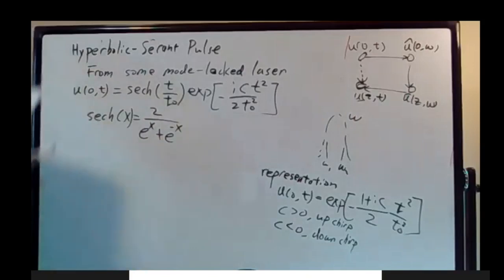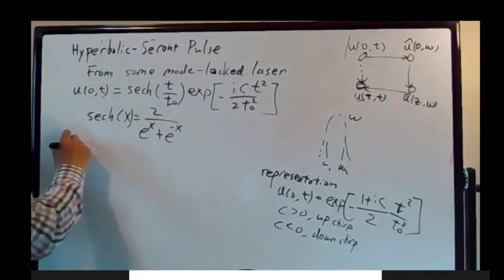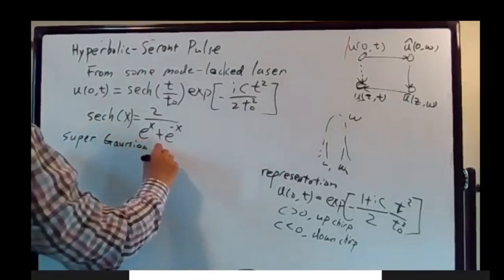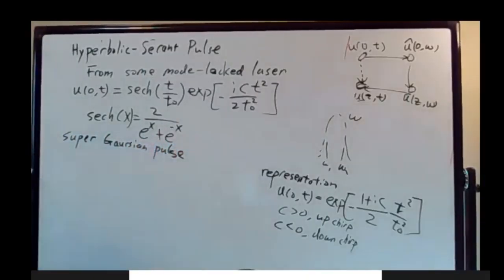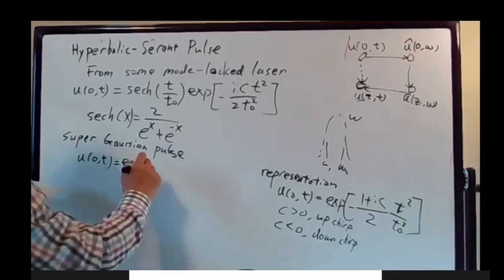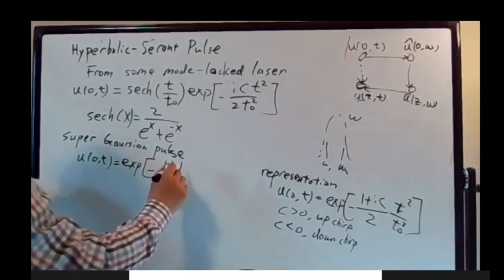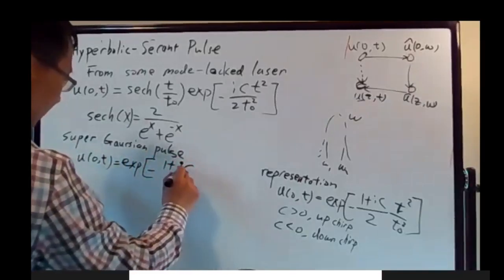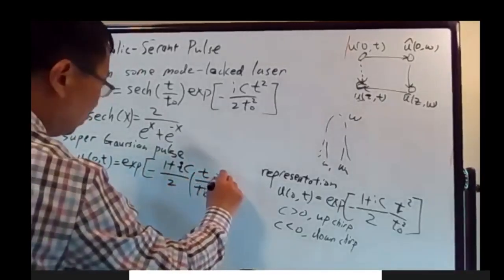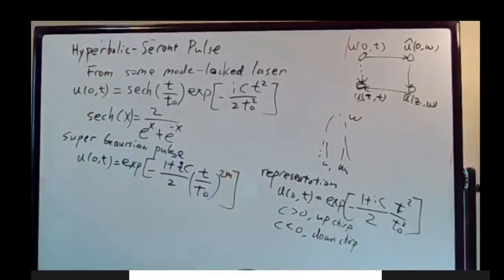Then we have the super Gaussian pulse. This pulse representation is that U(0,T) is the exponential of negative (1 plus iC) over 2 times (T over T0) to the power 2m.